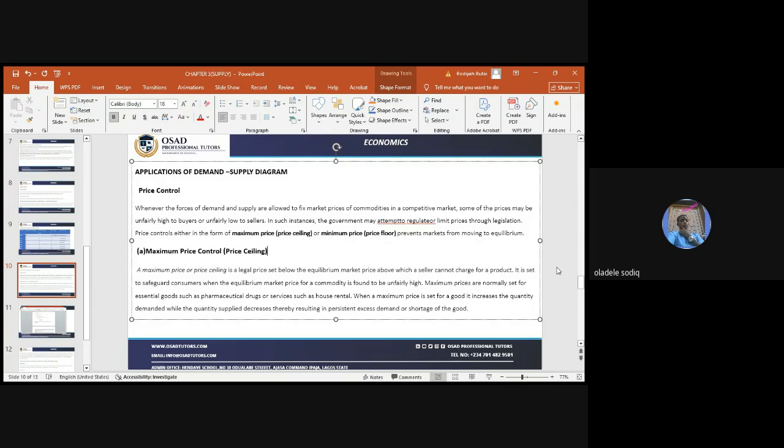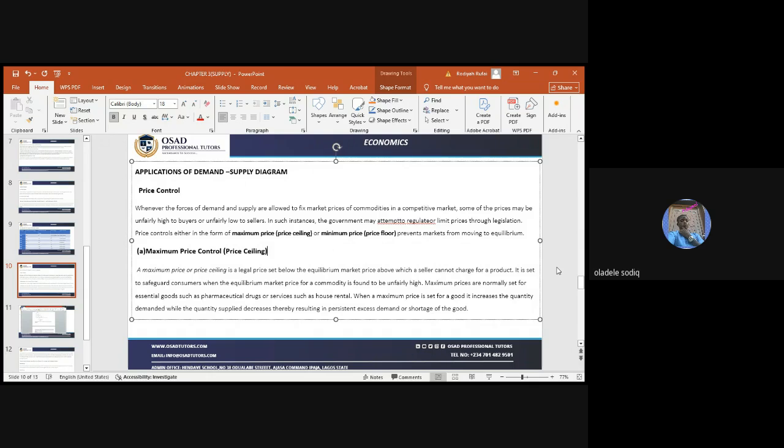So the reason why governments do price control is to ensure that we don't have what we call equilibrium. We can have excess demand, we can have excess supply, no problem. But government doesn't want us to have equilibrium. They don't want the quantity demanded and supplied to be equal. That is what government is trying to control.